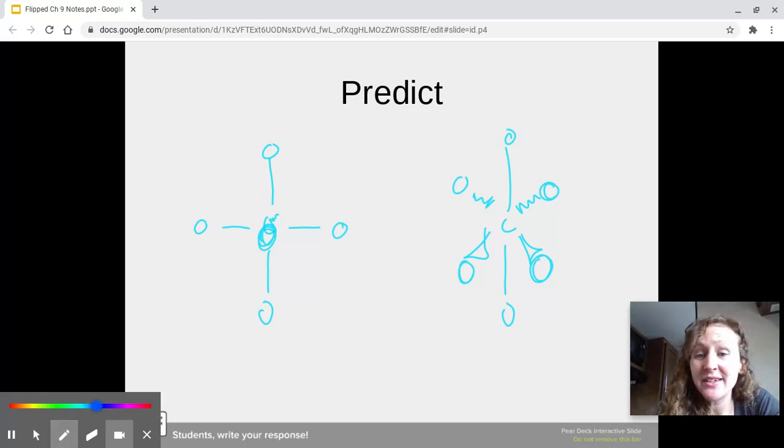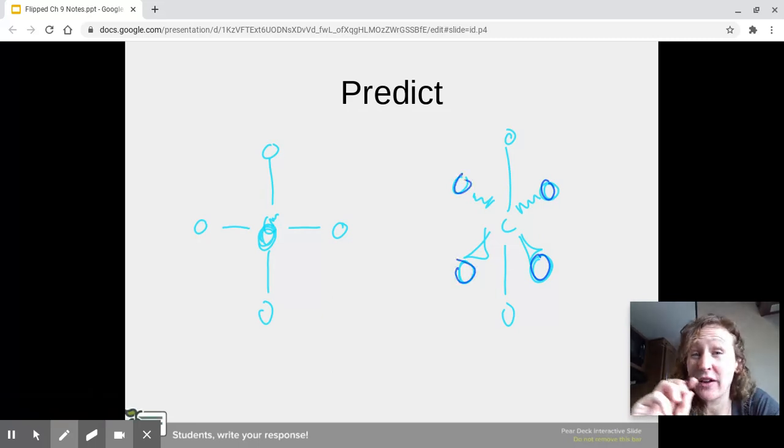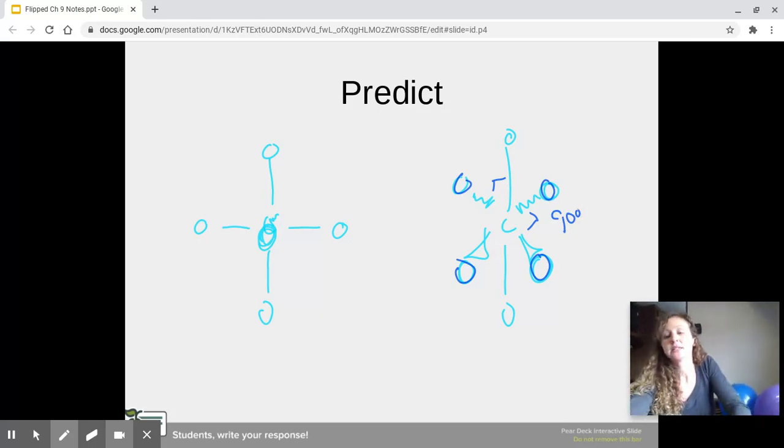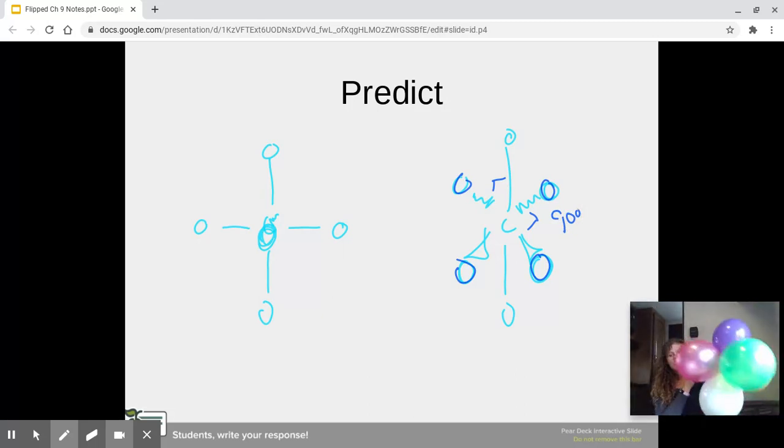Well, these are all in a plane with each other. So if I have 4 in a plane, they're at 90-degree angles. And they're all at 90-degree angles with the stuff going up and down too. And so this is also a 90-degree angle. So all my angles are 90 degrees.